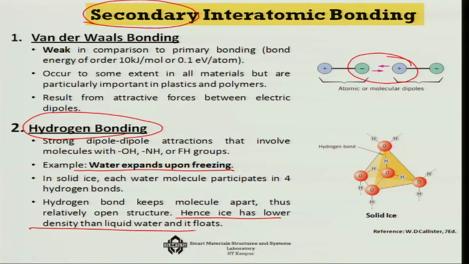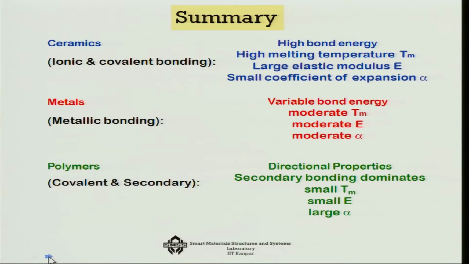That is one typical example of a hydrogen bond, but by and large both of these bonds are very weak. For example, the energy here is something like 10 kilojoule per mole, which is an order of magnitude lower than the ionic or the covalent bonding.